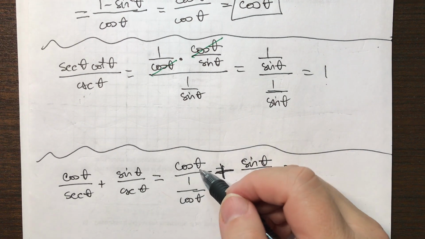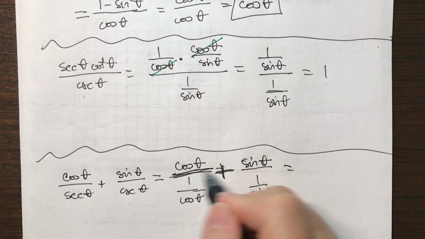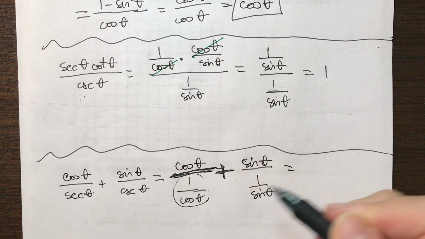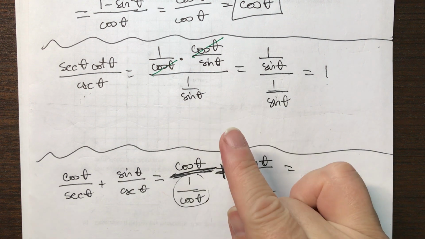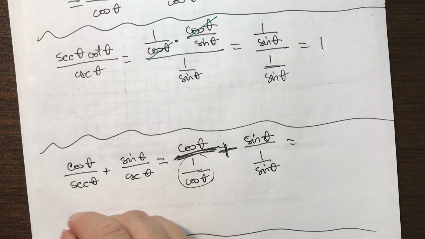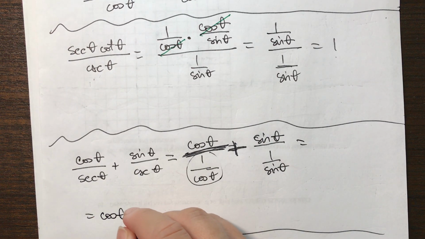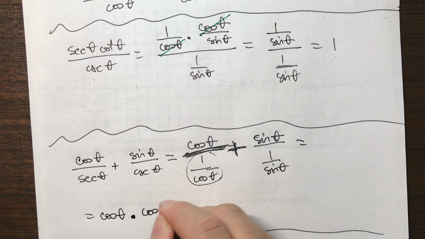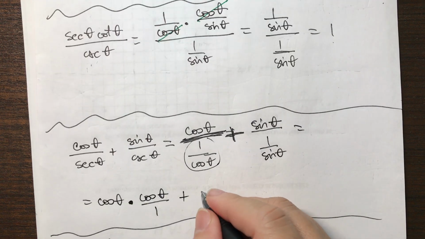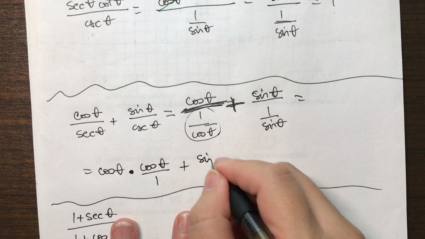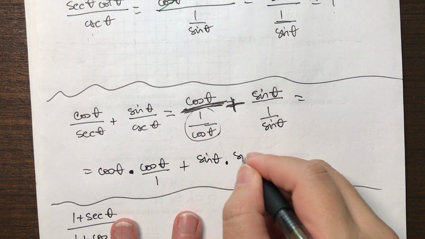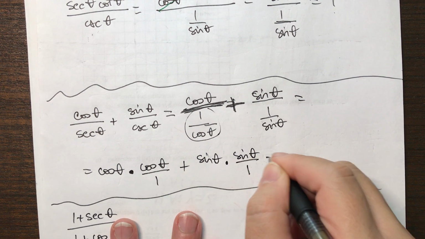Now remember, when you take a fraction or anything and divide it by a fraction, it means to multiply by its reciprocal. So what this equals is cosine theta, to divide by 1 over cosine theta means to multiply by cosine theta over 1, plus sine theta times sine theta over 1.